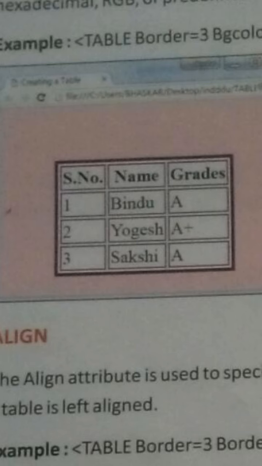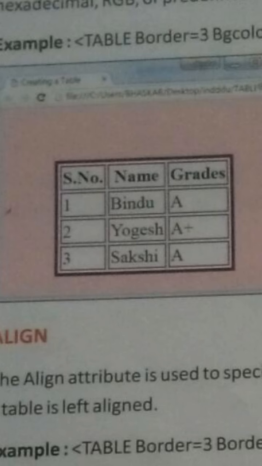This attribute is defined in the table tag, and you write border equal 5, 6, 7, whatever value you want to give. That value is the thickness of the border, how thick you want to print the border.